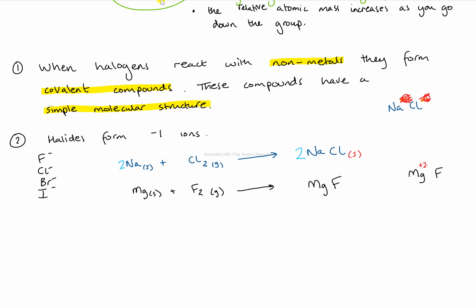Let me just rewrite that to not cause confusion. And this is 1 minus. Now, I'm not interested in the signs. All I'm interested in is this. That's a 2, that's a 1. I cross them over. This is the crossover method.